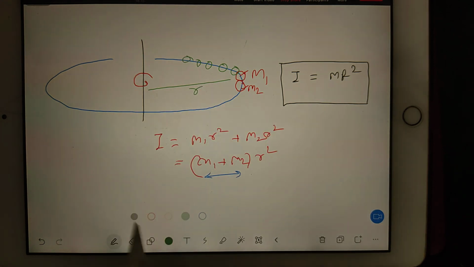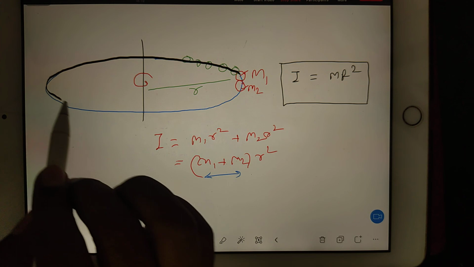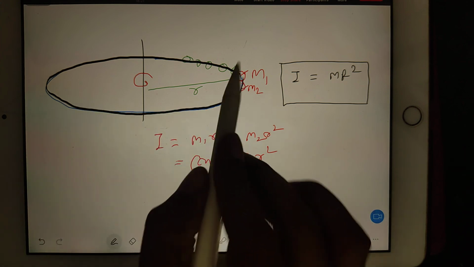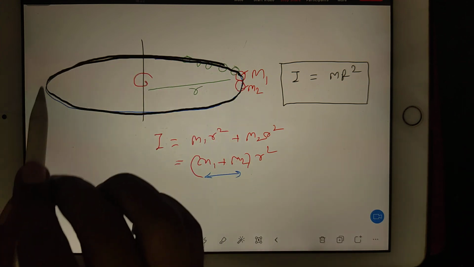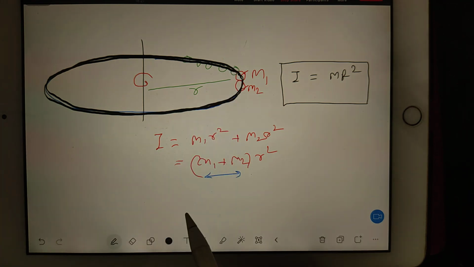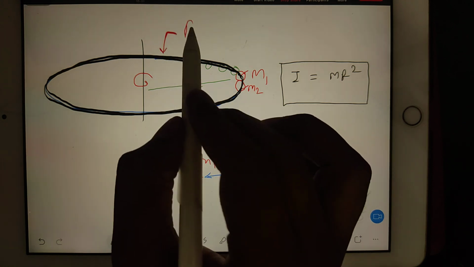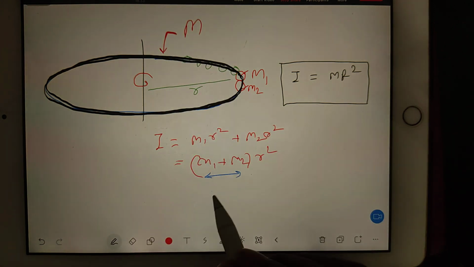If I am connecting them, then I'll be getting a ring. If I attach all the masses here, then I will be getting a ring, correct? Whatever is the total mass of the ring, that mass I will replace here.